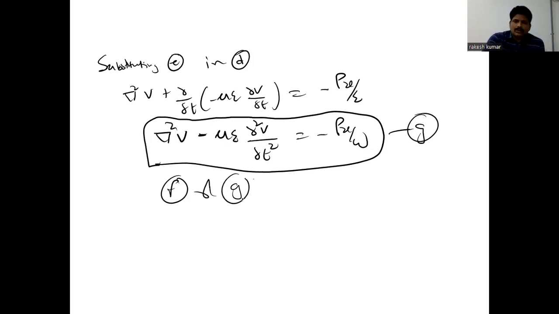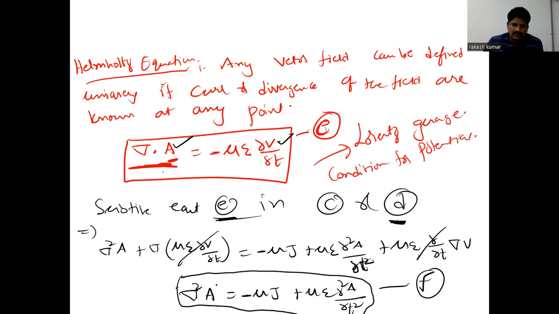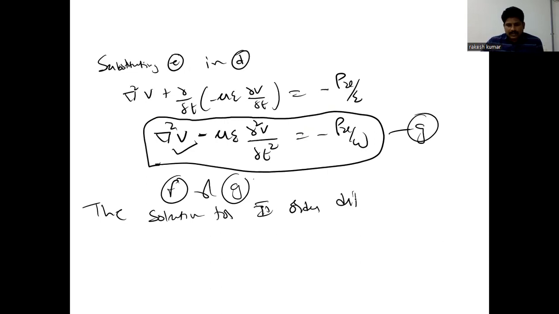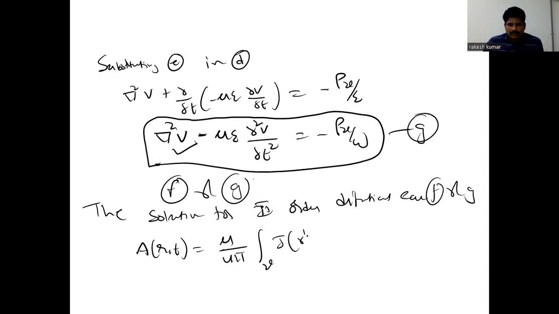Both equation F and equation G are second order differential equations. The solution for the second order differential equations F and G is given as A of R comma t is equal to mu by 4 pi integral of J of R dash, t minus R by v, by R, dV dash.